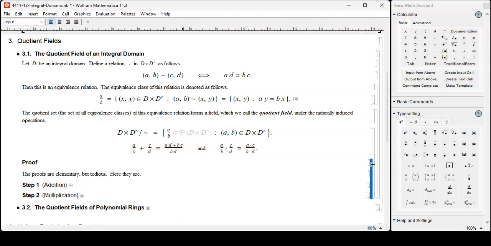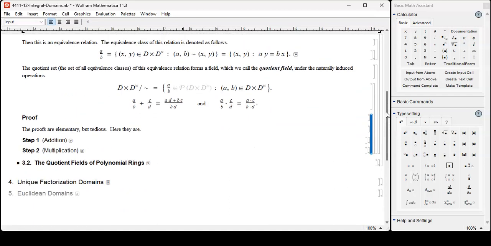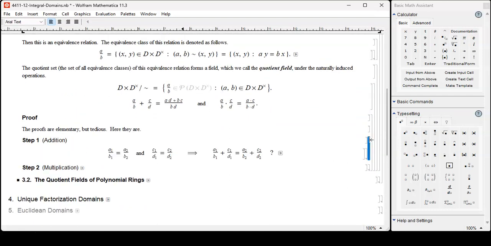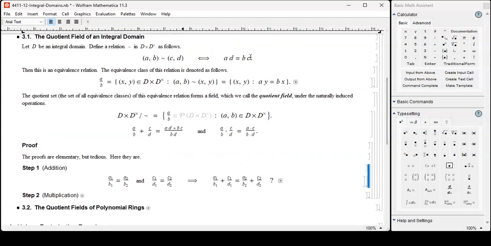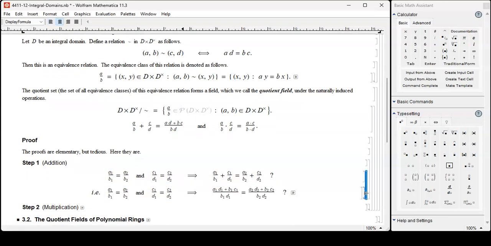And let's see, do we have the proof? Okay, it's elementary but tedious. For the addition, let's suppose we have two representatives, A1 over B1 is equal to A2 over B2. In other words, those are equivalent. So A1 comma B1 and A2 comma B2 are equivalent, like this. And then the same for C1 over D1 and C2 over D2.